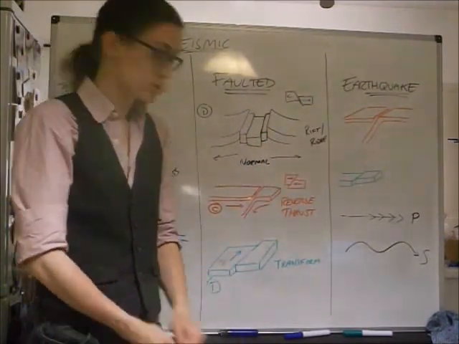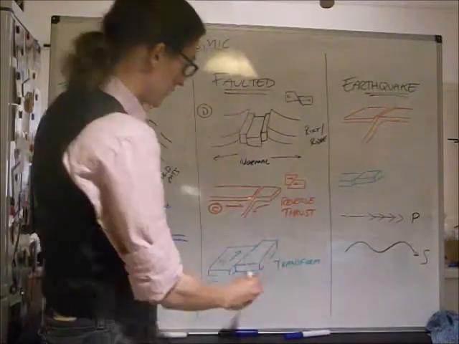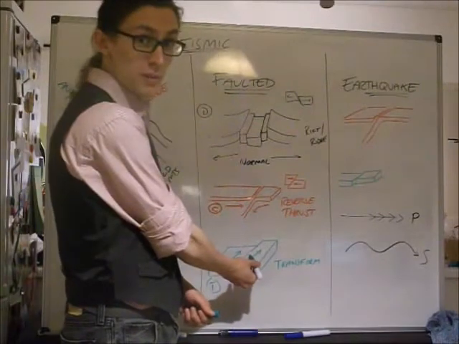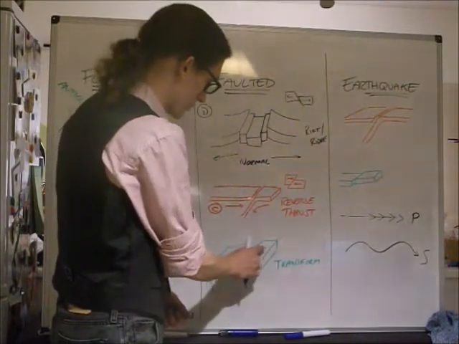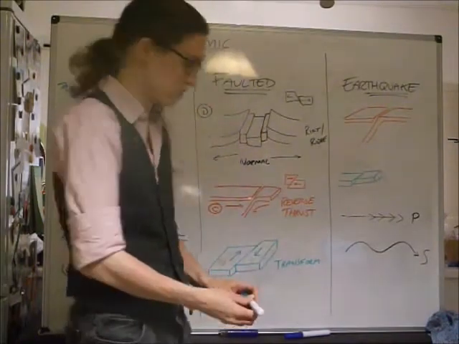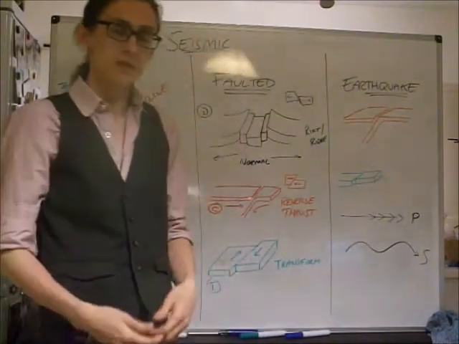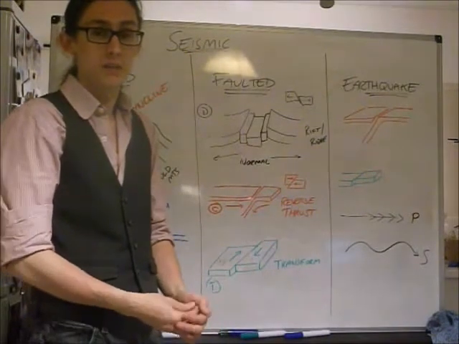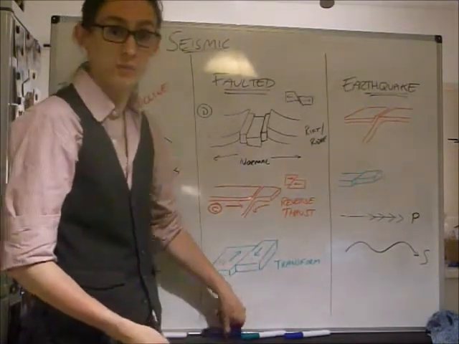The transform boundary, well, it depends partially on which way the plates are moving. If it's like the San Andreas fault, where they're both moving in the same direction, or whether the plates are moving in different directions, you end up with slight differences, but it rarely is anything beyond what we just call displacement.